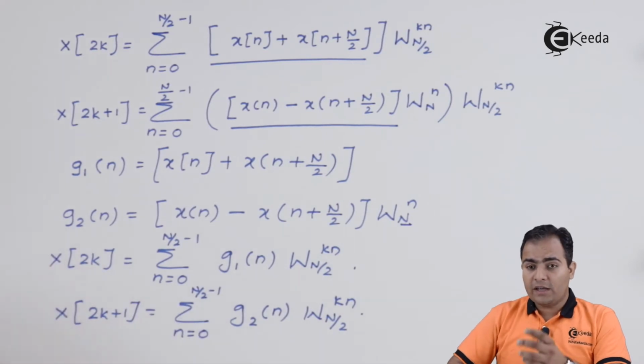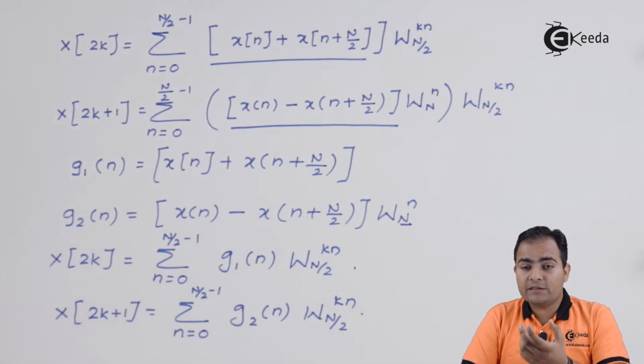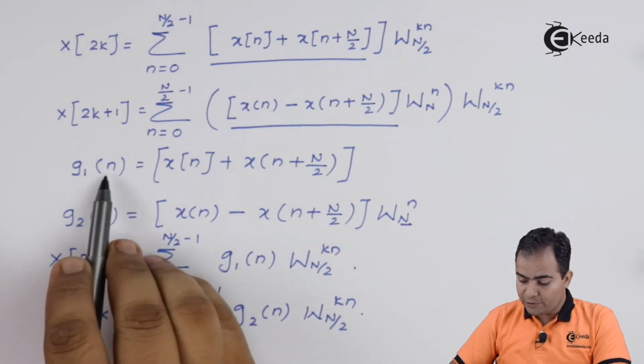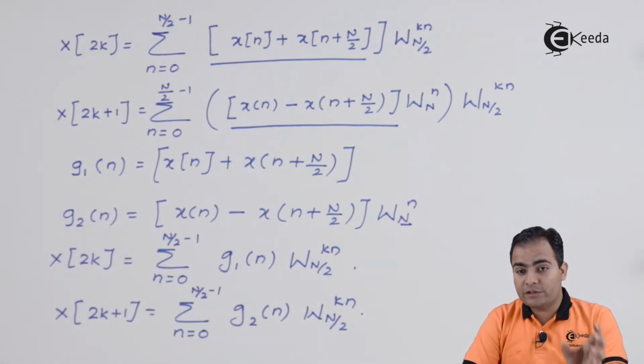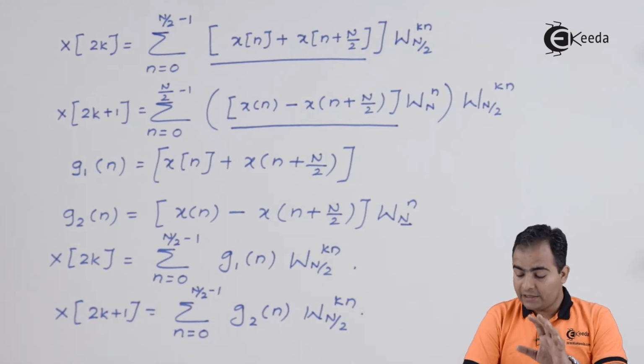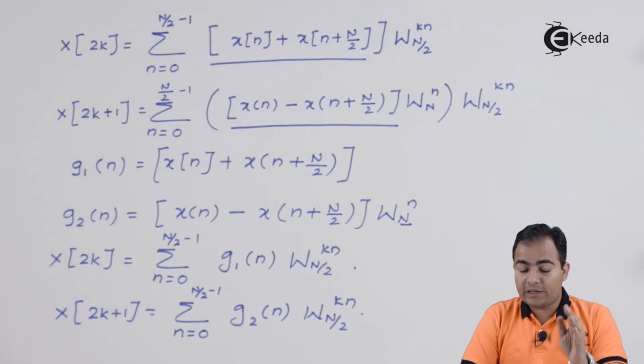But as I said, we have divided our sample values into 4. Like 8 points is divided into half parts. That is, we have got the 4 samples, which means we can substitute my n values only from 0 to 3, not 0 to 7, because we have divided our samples into 2 parts. Now, as I said, we have 8 samples, but we have divided that 8 samples into 2 parts.